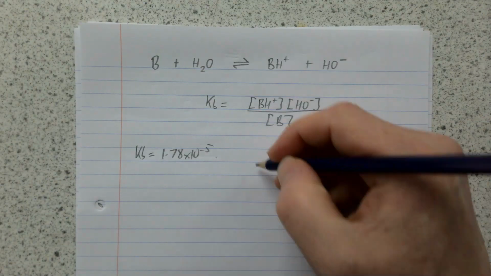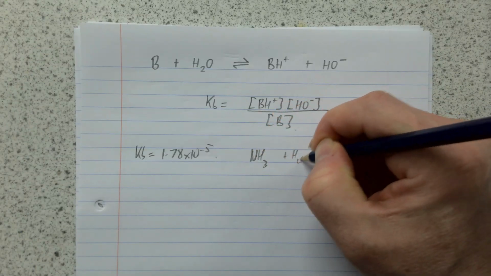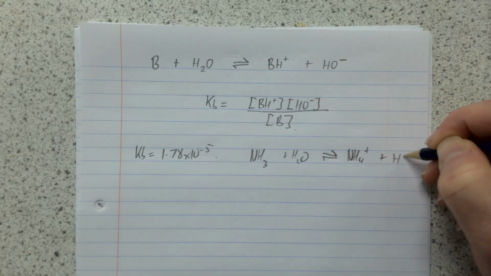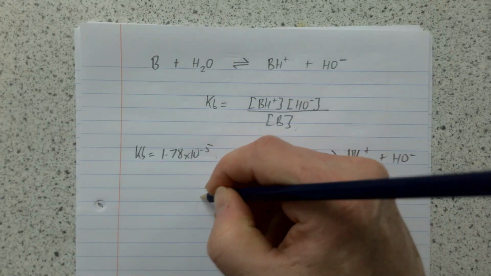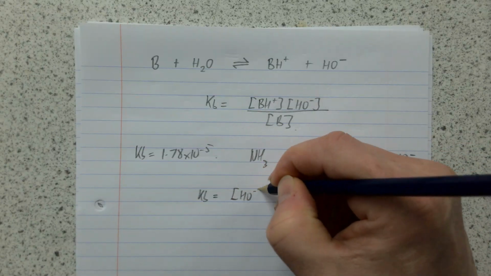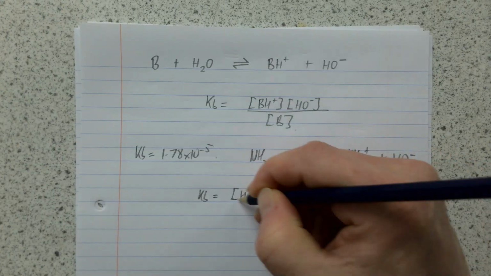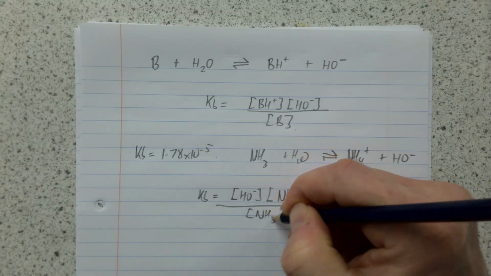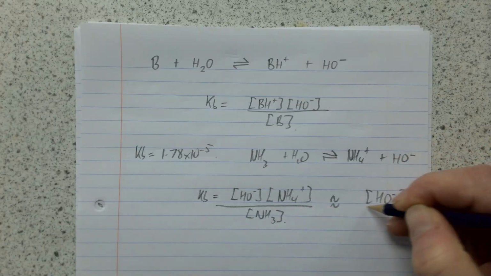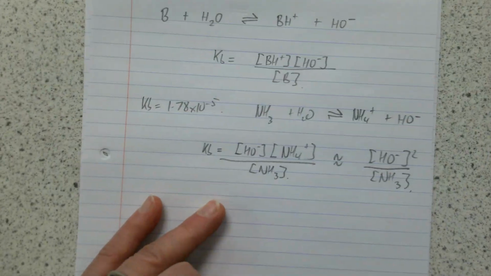So if we're using ammonia as an example, I'll write out the equation. NH3 plus water goes to NH4 plus, ammonium that is, and hydroxide. We can say that Kb is equal to the hydroxide ion concentration times the ammonium concentration over NH3. But that's roughly equal to the hydroxide ion concentration squared over the ammonia concentration. Exactly the same as the weak acid stuff.